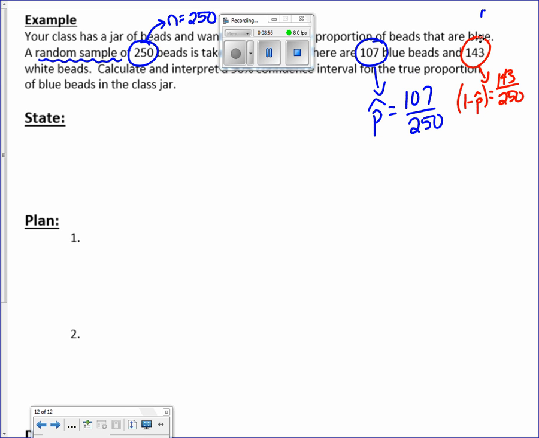And it says, calculate and interpret a 90% confidence interval for the true proportion of blue beads in the jar. So state what you want to do.